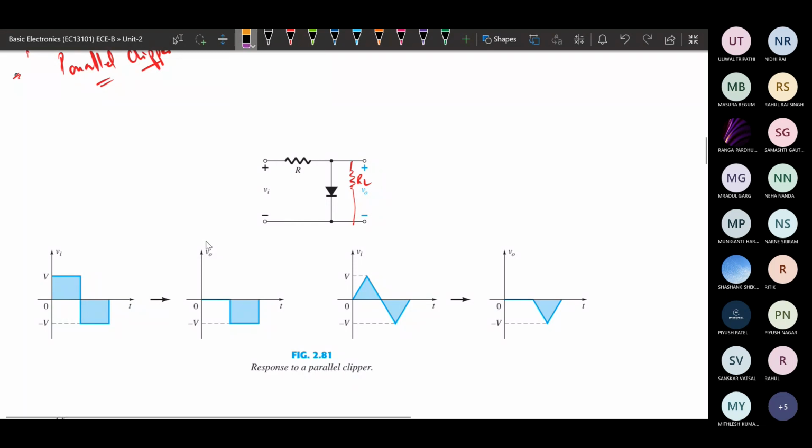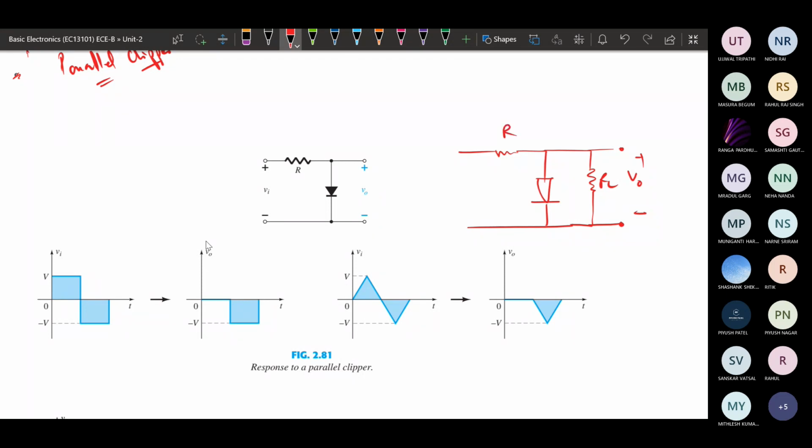So we can just redraw: this is the diode, and here a load resistance is there. The load resistance is parallel with the diode, so whatever the load resistance voltage is, the same voltage will be across the diode. That's why it is not written here. These are equivalent circuits.